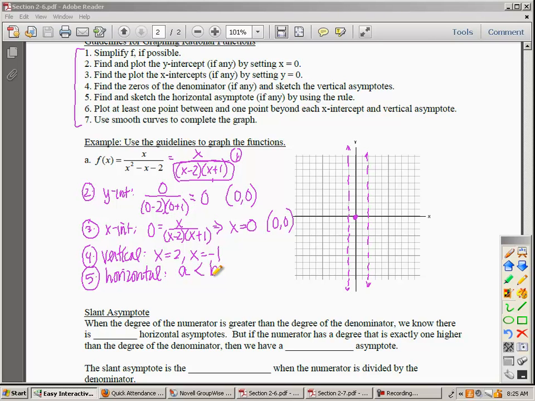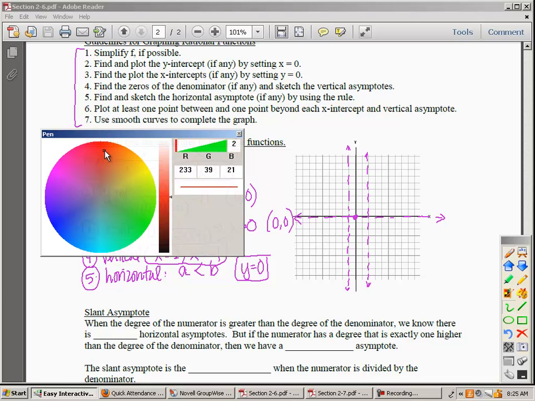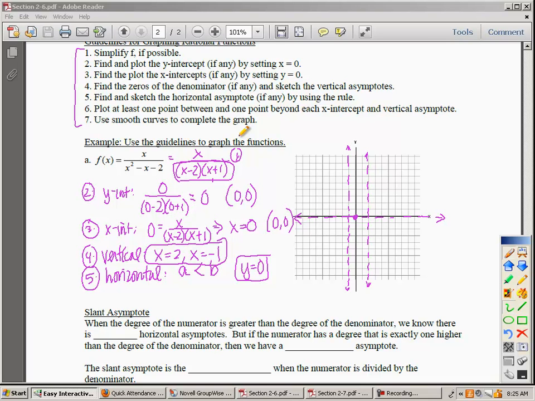So if you look back at your notes, if the degree is less on top than it is on bottom, then I have a horizontal asymptote at y equals 0. So what that means is I'm going to dot this in, and here's where our problems start happening. If you notice, we say we have this asymptote at 0, but I actually touch the x-axis.